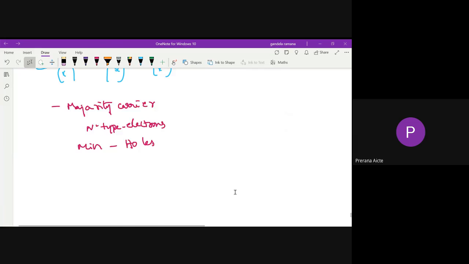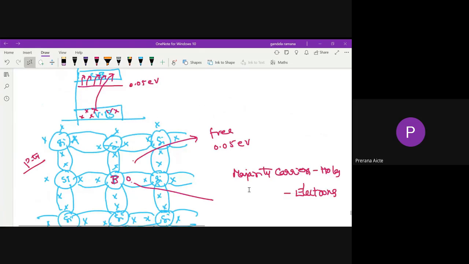Previously we observed what is there. So this is phosphorus. When it becomes a free electron, no hole is created here, but a positive ion is created. So that's why it is electrically neutral.